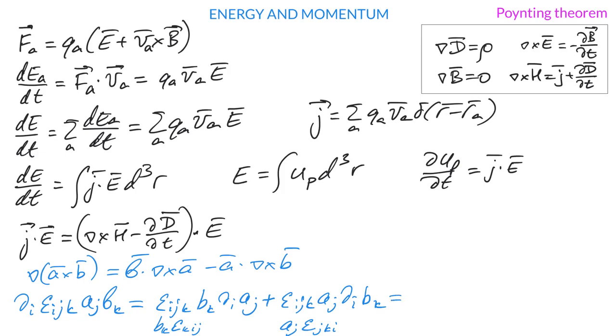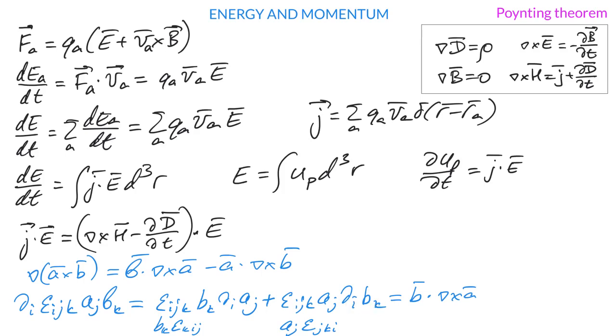So if we put this together, the first term looks like b dotted with whatever remains. That's epsilon_kij d_i a_j. That's just the curl of a. Now, in the second term, we have a similar expression with a and b interchanged, but in addition, here there's a sign change because ki goes in the wrong order.